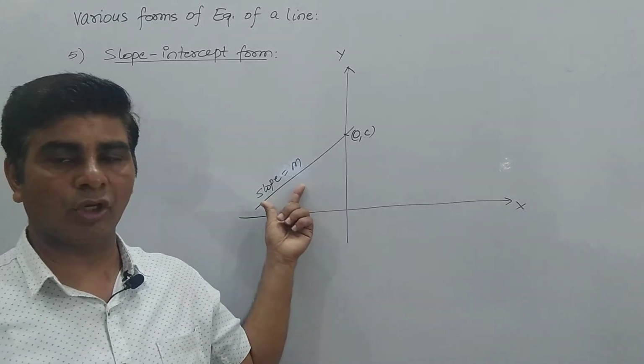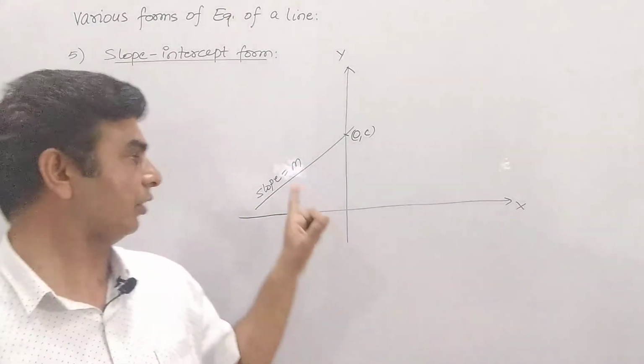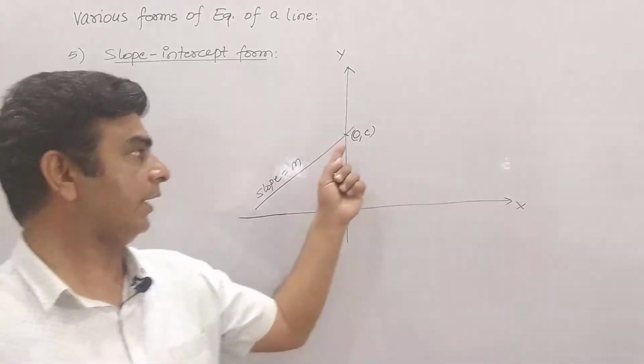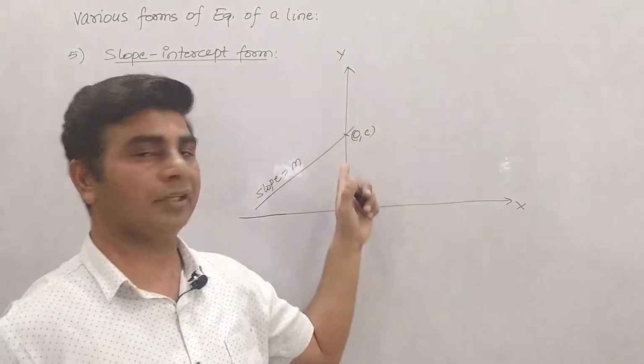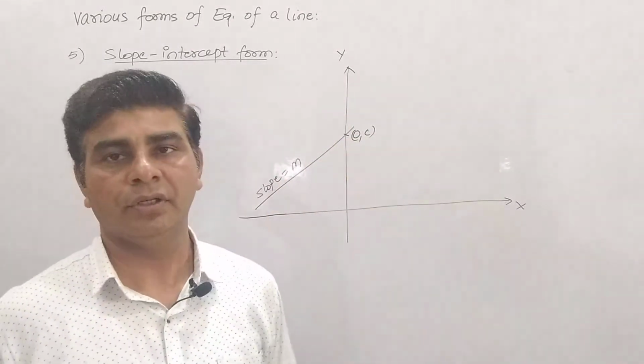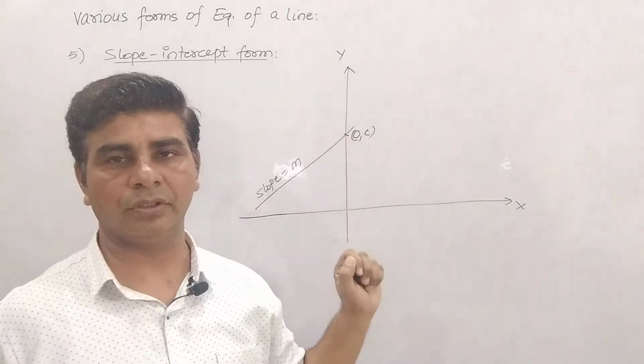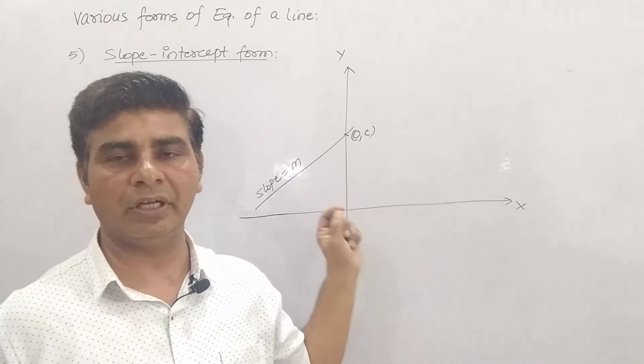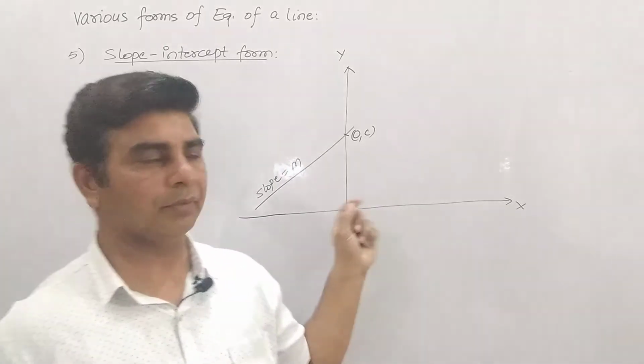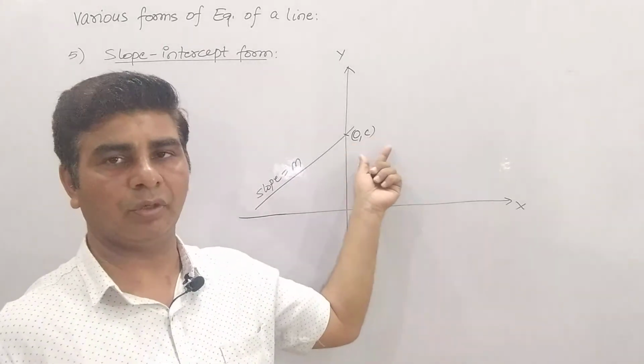Dear students, now the slope will be given to you. It is already given as m, and this line is intersecting the y-axis at the point C. So this line is passing through the point (0, C), because each and every point lying on the y-axis is of the form (0, A) or (0, C).